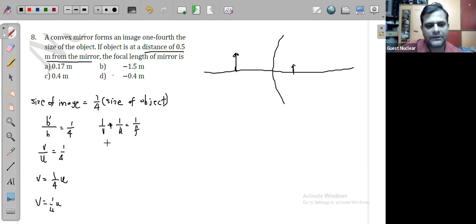Yes, 1 upon v. Actually, v is going to be u by 4, right? So let us replace this by u by 4. That is plus 1 upon u kept as it is, which is going to be equal to 1 upon f as it is. So we get this 4 in the numerator, 4 upon u plus 1 upon u, which is going to be 1 upon f.